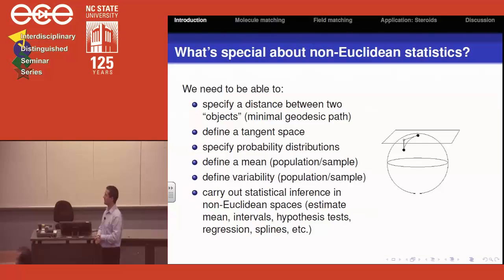If something's evolving over time, we might want to fit a smooth path in this space. So there are a whole host of applications and methodology that we want to develop. And the field is fairly immature, actually. There's not that much which is agreed upon as to the right way to go about things. Even how to define a mean still gets people arguing in this field.